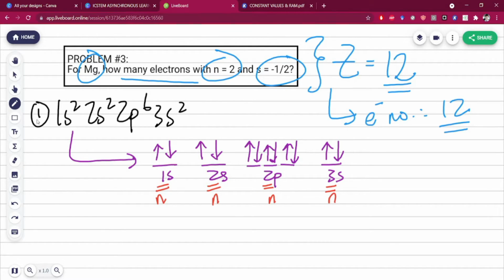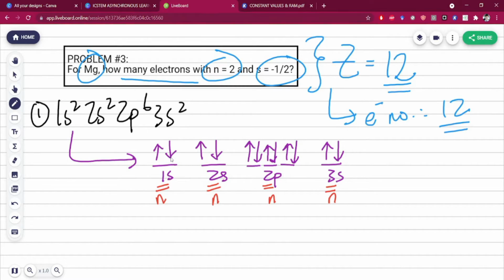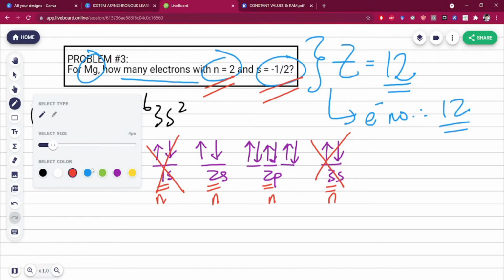So automatically you do not have to look at this because that is n equals 1, and you don't have to look at this because that is n equals 3. We need to look at n equals 2. You have 2 n equals 2 right here, and you need to consider s equals negative half.